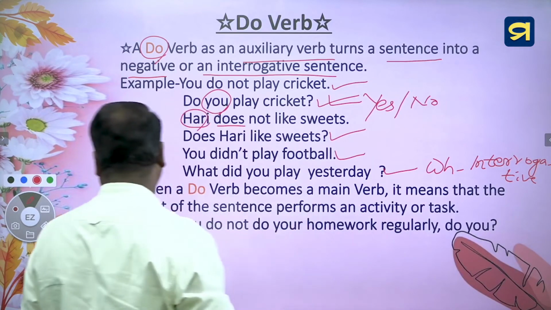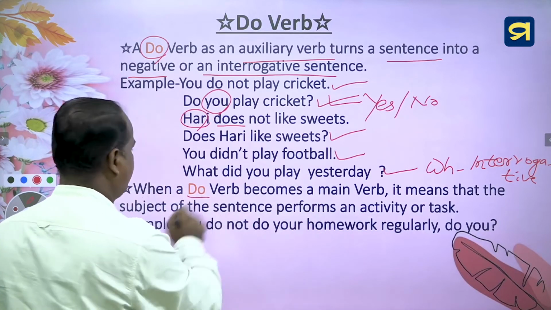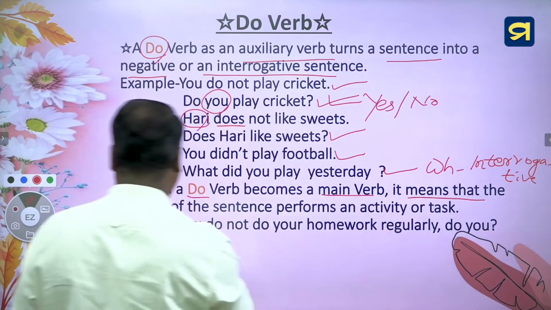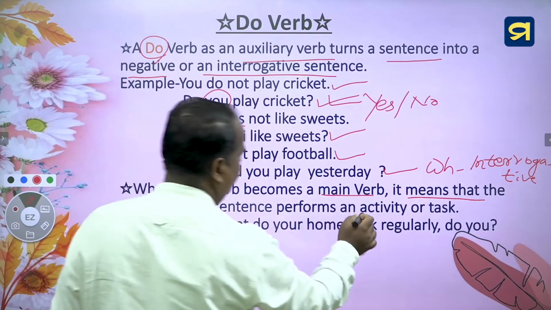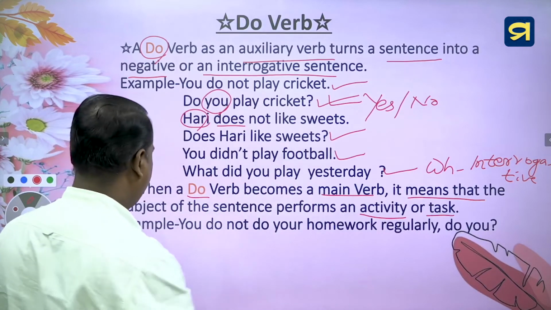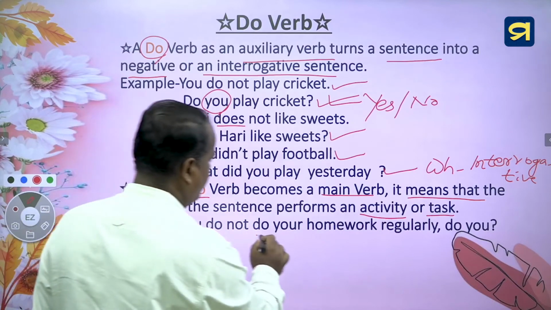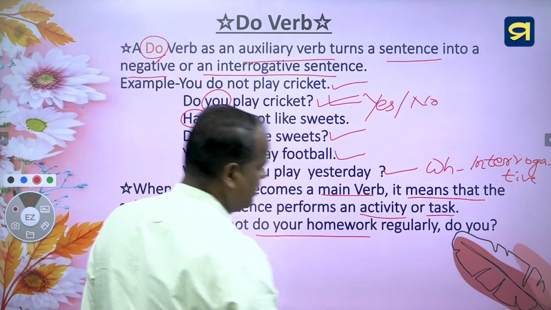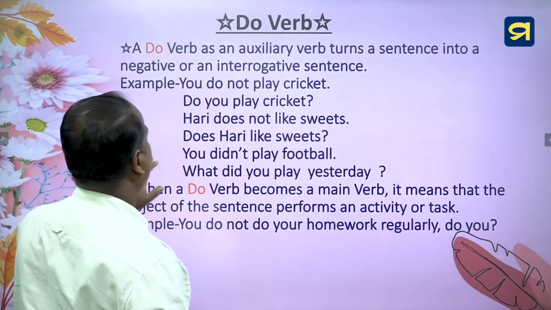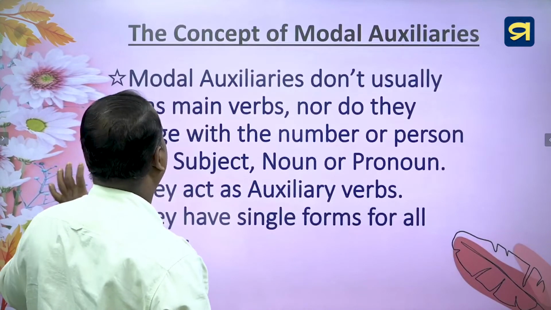Dear students, when a do verb becomes a main verb, it means that the subject of the sentence performs an activity or a task. For example, you do not do your homework regularly, do you? So this was the use of a do verb.